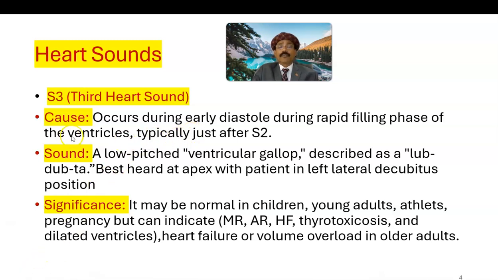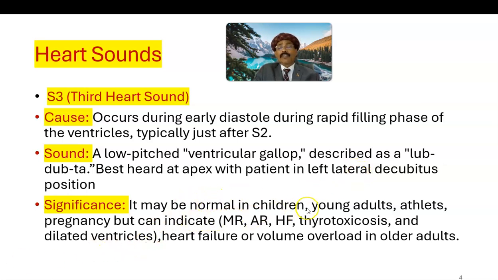Third heart sound occurs during early diastole, during the rapid filling phase of the ventricle, typically just after S2. It is a low-pitched ventricular gallop, described as "lub-da-ta". Best heard at the apex with the patient in the left lateral decubitus position.